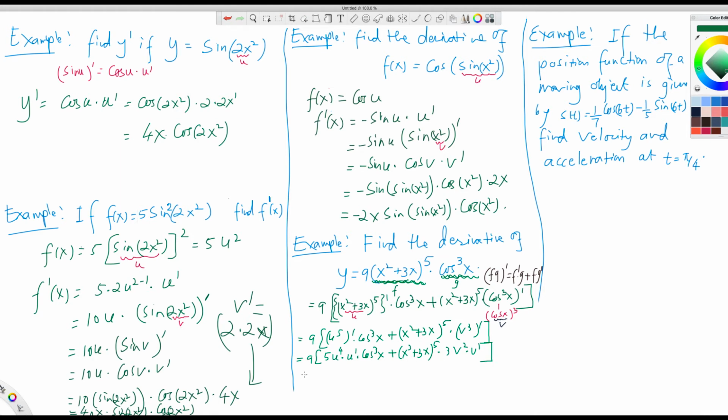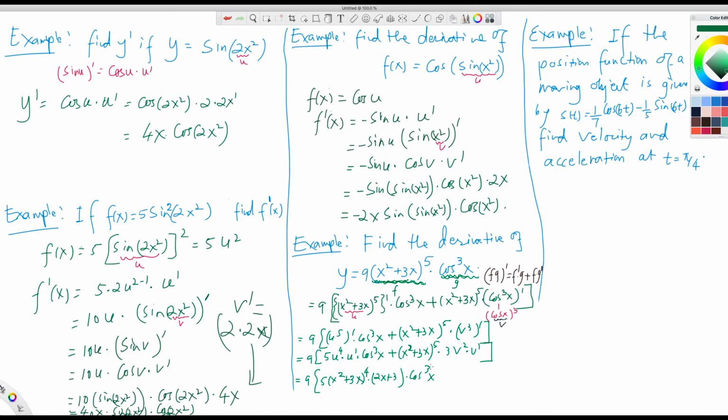Let's plug in the values. So that is 9 bracket 5. What is u? U is x squared plus 3x, right? Oh, by the way, there is a square there. X squared plus 3x to the 4 times, what is u prime? U prime is the derivative of that, so x squared is 2x, plus 3. So 2x plus 3, and the next term is cosine cube x.